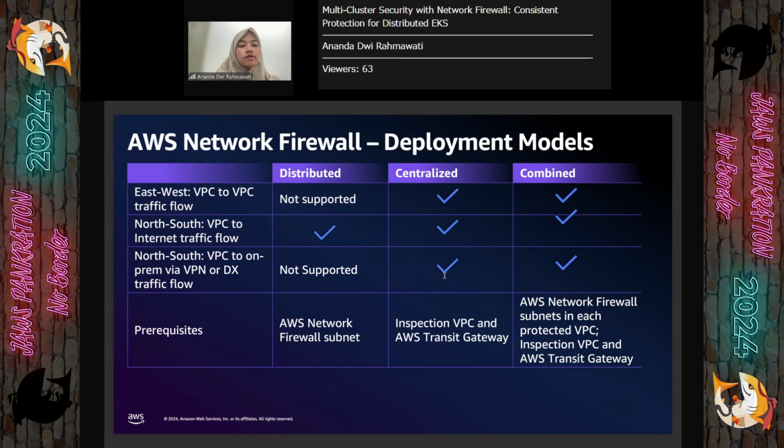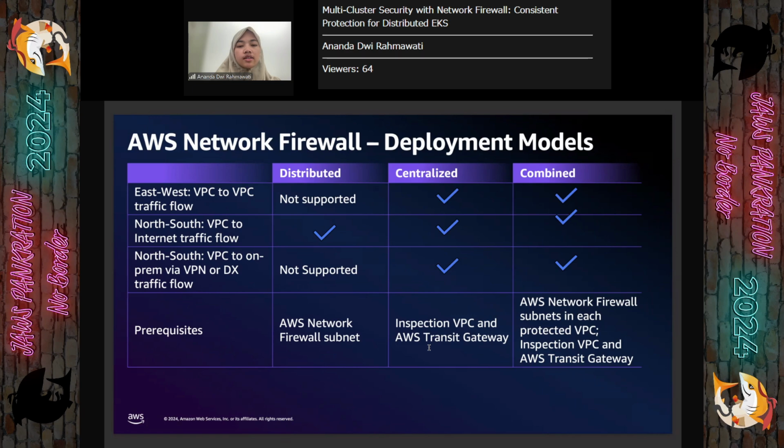Currently, east-west VPC to VPC traffic flow is not supported yet, but we can consider using the centralized deployment model when we are considering east-west traffic, or we can use combined for north-south VPC to internet traffic flow for outgoing traffic. Those three deployment models are supported. And then north-south VPC to on-prem via VPN or Direct Connect traffic flow is currently not supported for distributed.